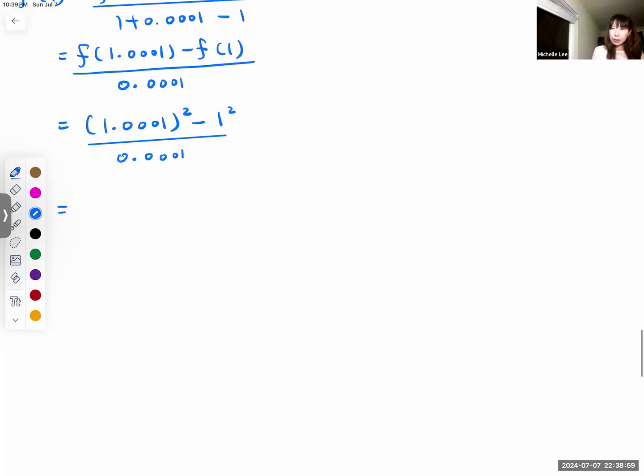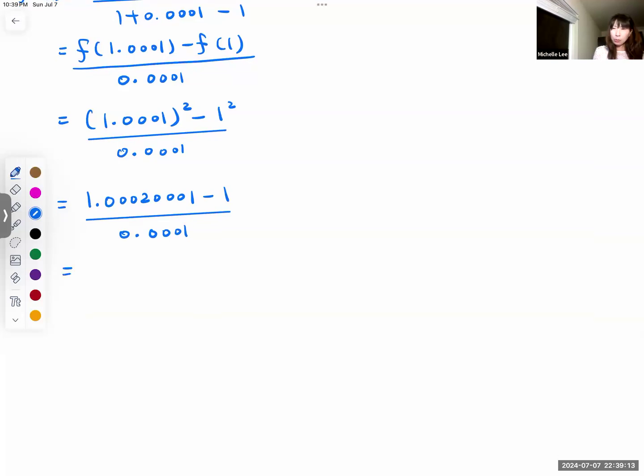If we calculate this one, 1.00020001 minus 1 all over 0.0001. So that will be 2.0001. So we can say that 2.0.